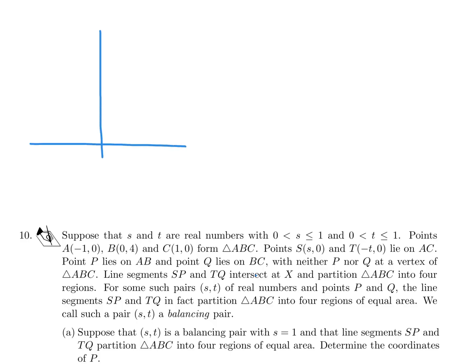So this is A, this is B up here, and this is C. And then we've got this S and T. S equals 1 in part A of this question.